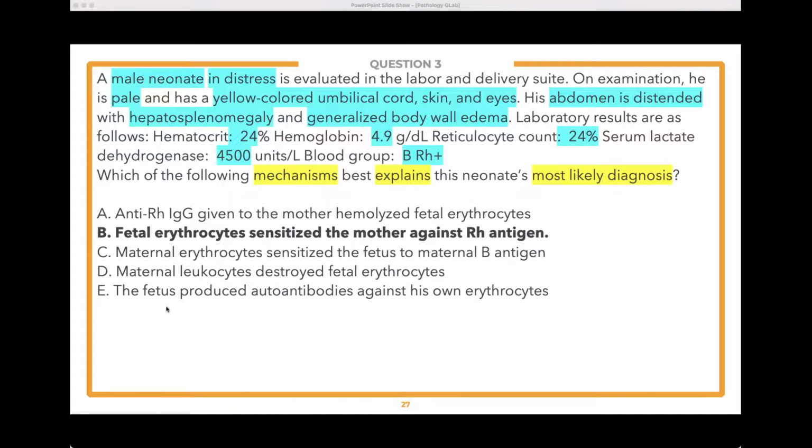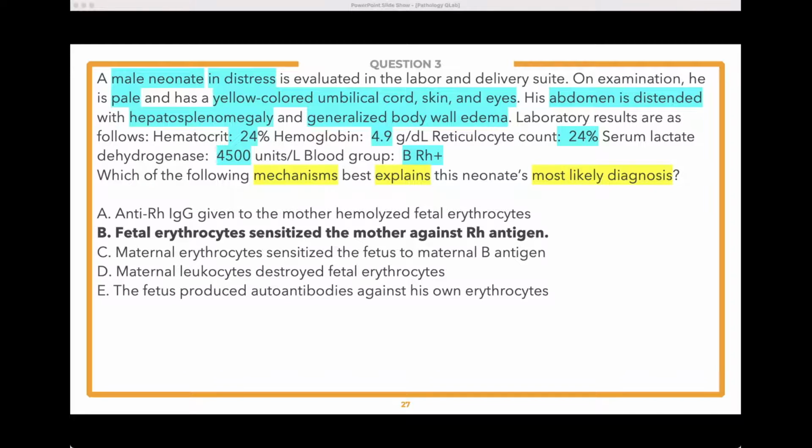We know the patient has low hemoglobin and also a very high reticulocyte count and high LDH, so we know there's hemolysis going on. This patient also has body wall edema and hepatosplenomegaly, so maybe this neonate has hydrops fetalis. The one thing we're told is this neonate is Rh positive.